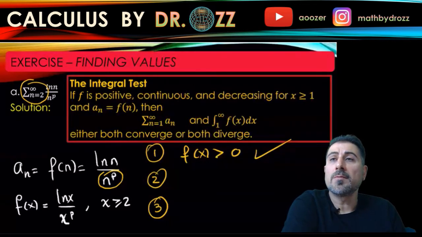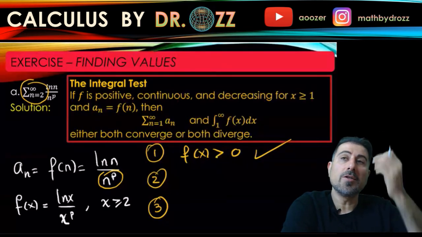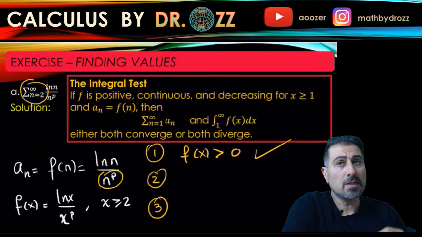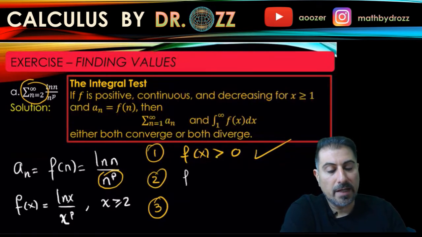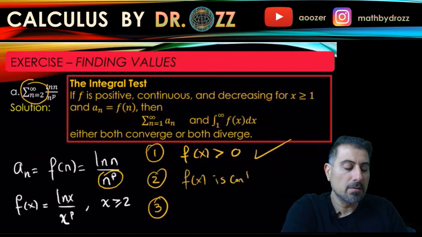Since the top and the bottom are continuous themselves, the quotient is going to be continuous, again as long as the bottom is not 0, which we avoided because x is greater than or equal to 2. So I can say f(x) is continuous on x greater than or equal to 2.